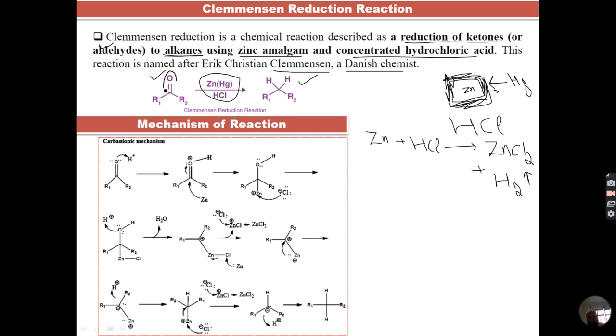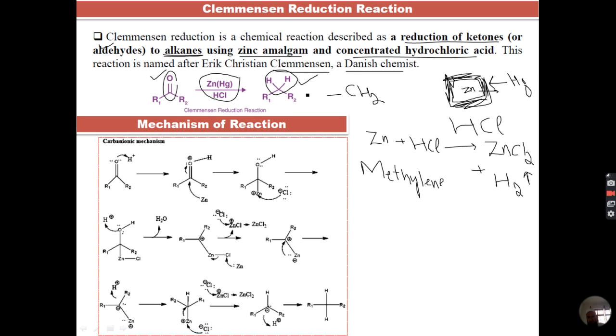यहाँ पे आप देख सकते हो, this was our carbonyl group, and now it has got converted to a CH2 group. CH2 is called methylene in organic chemistry. ठीक है? So you can write down, this is methylene group, CH2.